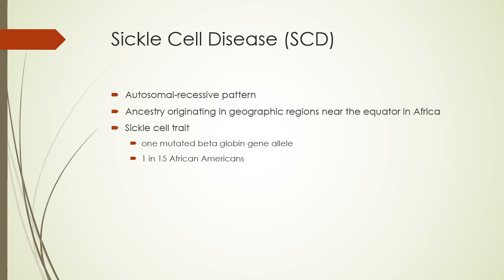In Africa, sickle cell disease and sickle cell trait have been seen in Eastern Africa and also in the majority of equatorial countries. The prevalence and incidence in these countries is much higher than in other regions of Africa.